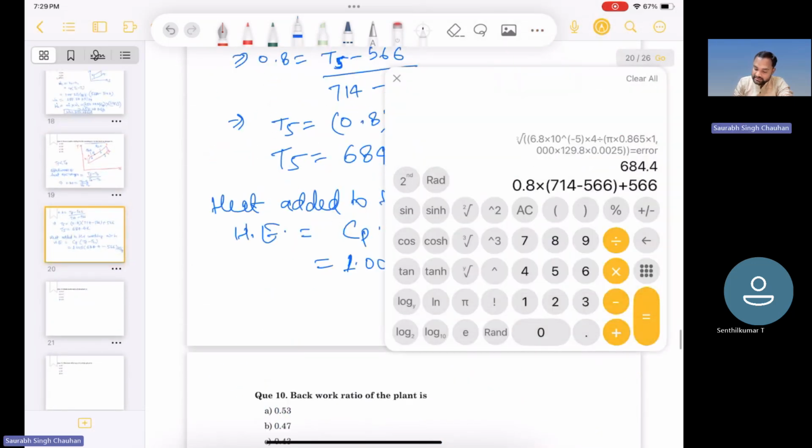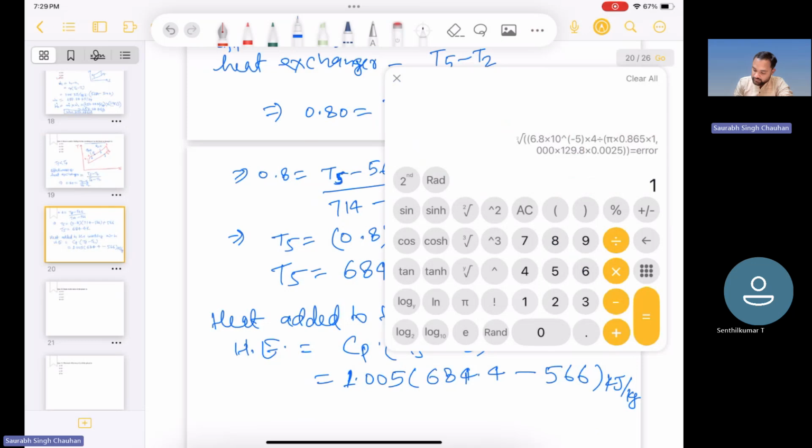So if you calculate this value, it will come out to be 1.005 times (684.4 minus 566). So it is coming out to be 118.992, approximately 119 kilojoule per kg.